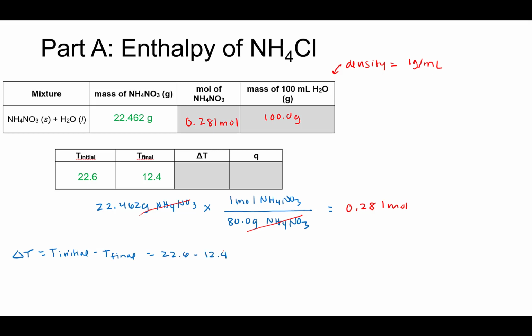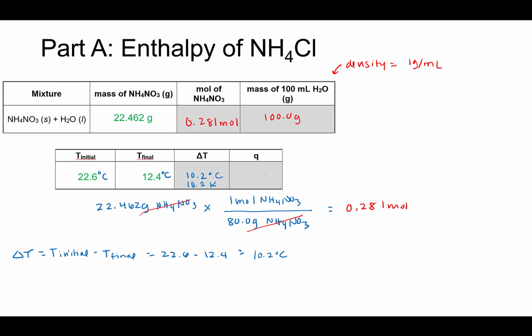Again, your values will be different. This is 10.2 degrees Celsius. So that is my delta T. So the change in Celsius is going to be the same thing as temperature change in Kelvin. So this would be also 10.2 K, because to convert from Celsius to Kelvin, you're adding 273.15 to get to that change there.